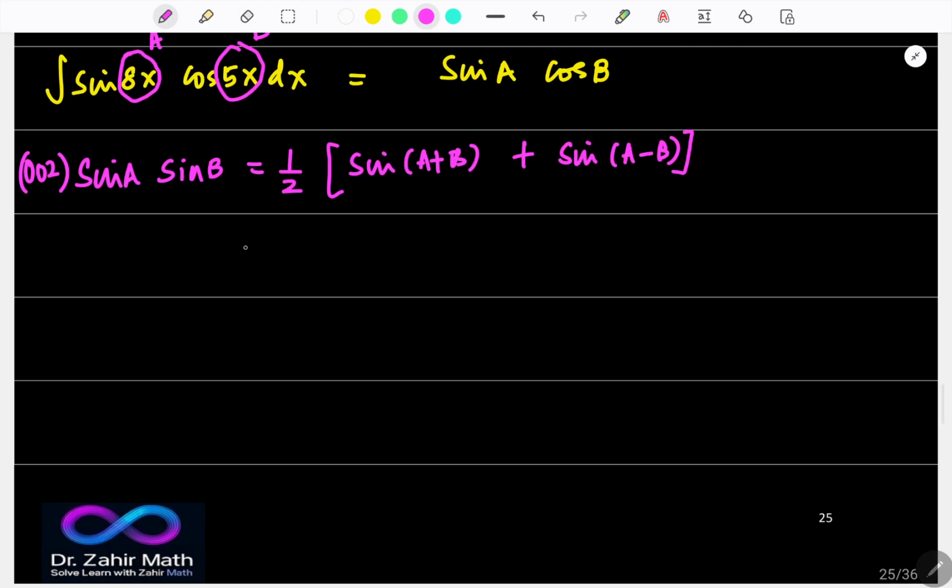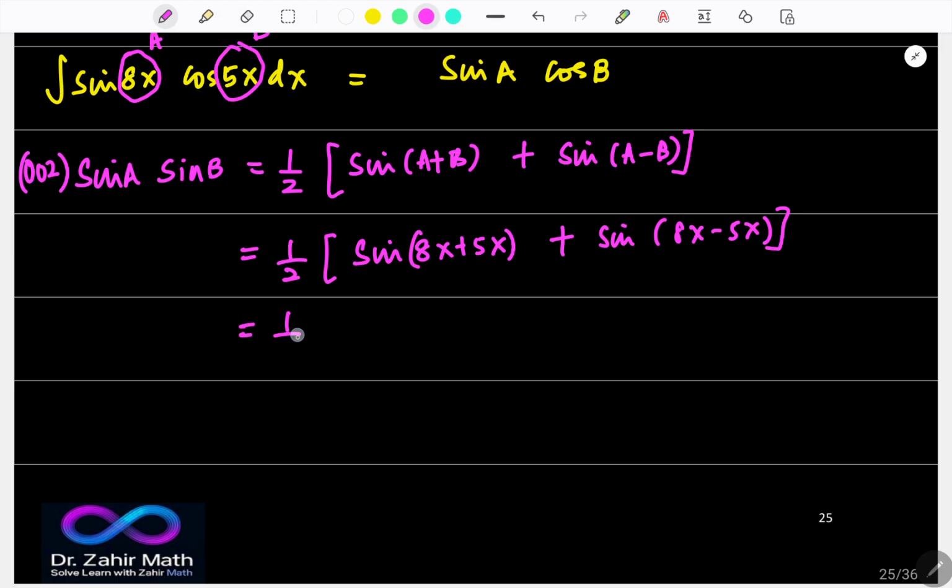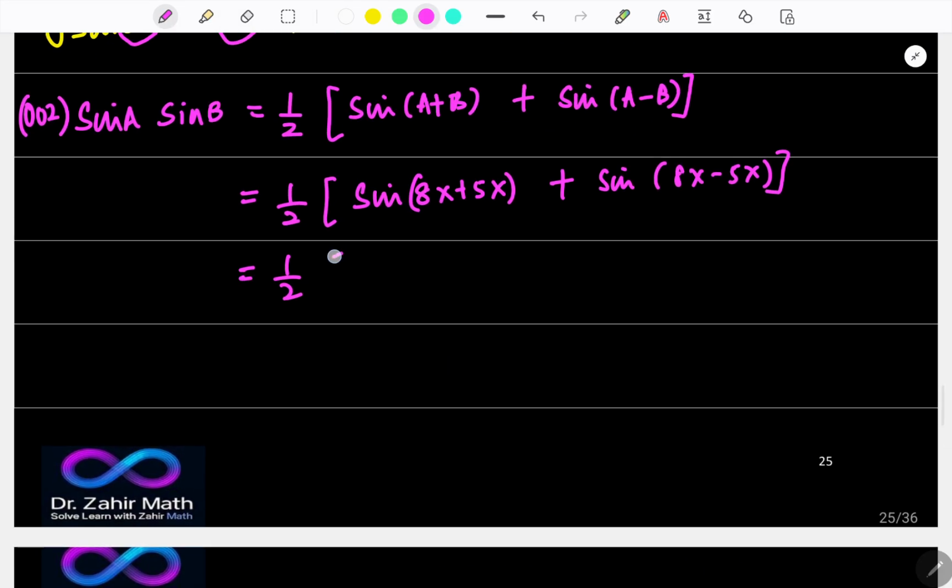Okay, right. So this equals 1 by 2 bracket open. Sine A plus B is what? Sine 8x plus 5x plus sine A minus B, 8x minus 5x. So this equals 1 by 2, which is sine 8 plus 5 is 13x plus sine 8 minus 5, which is 3x.